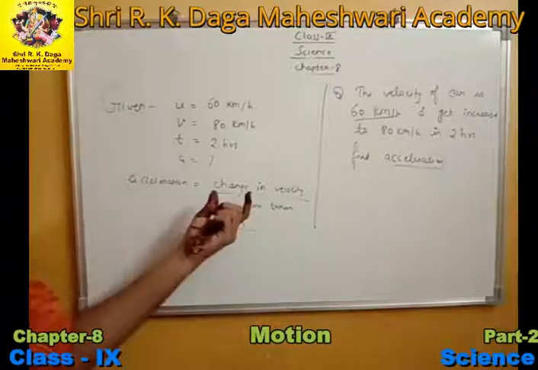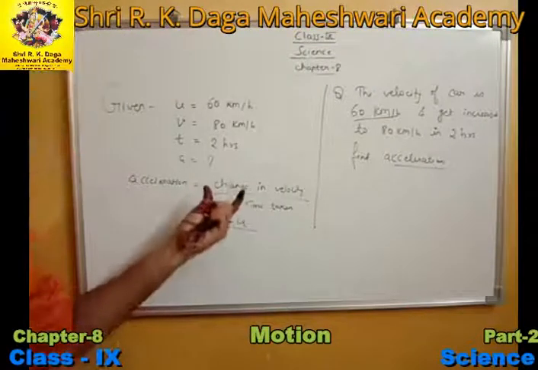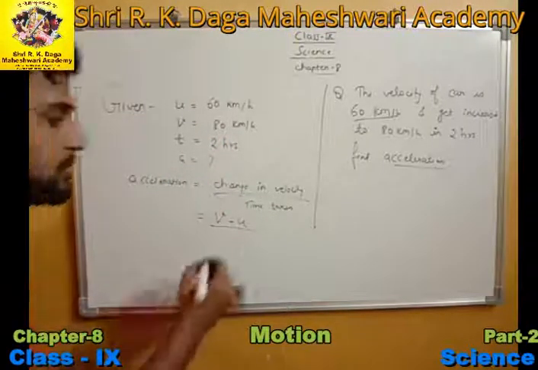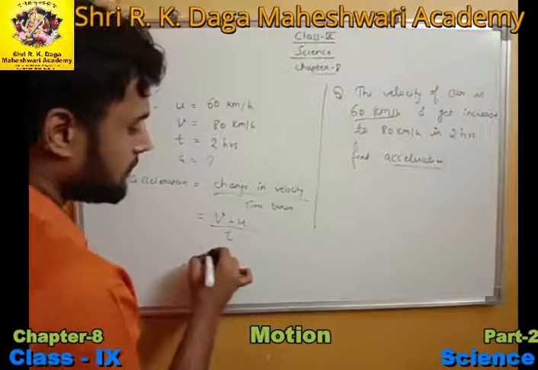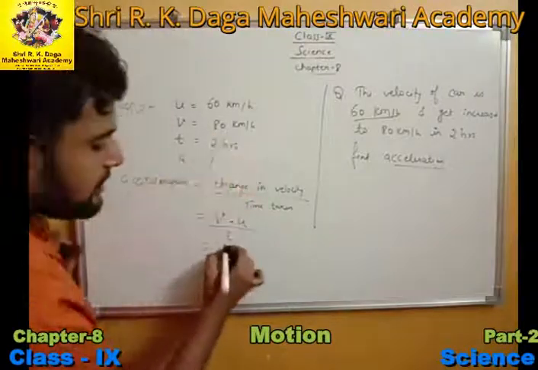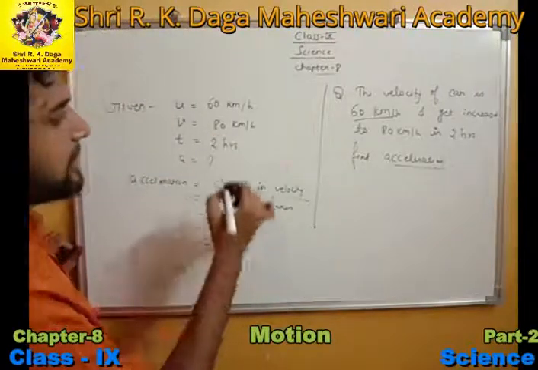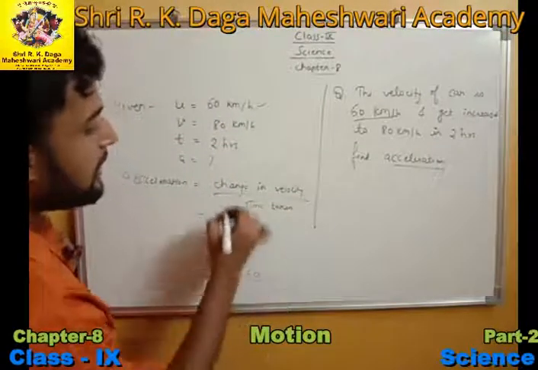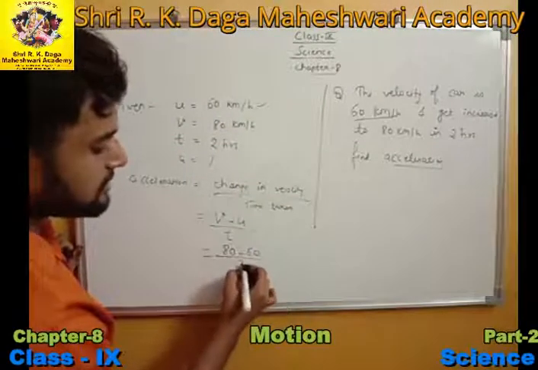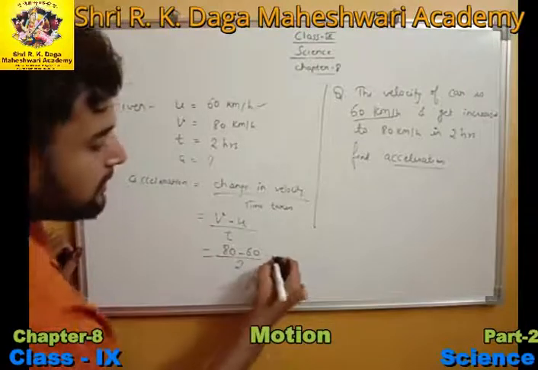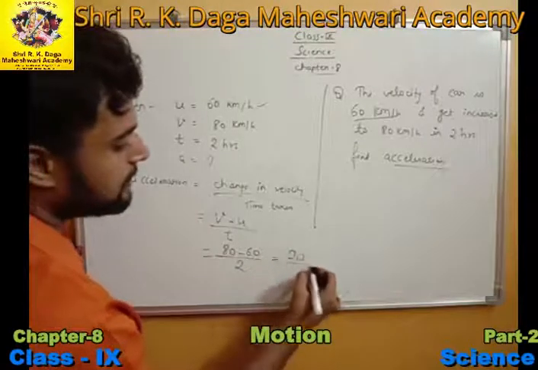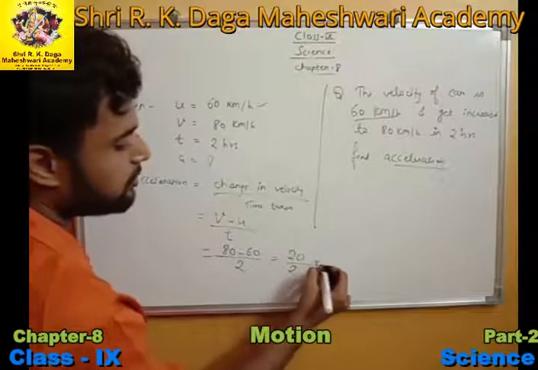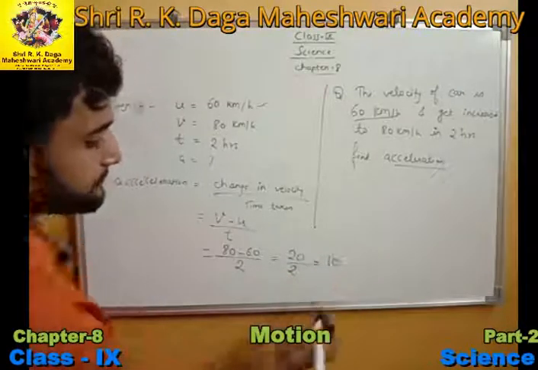The change will be final minus initial. So we can write v minus u upon time. What is the final velocity? It is 80 km per hour. What is the initial velocity? It is 60 km per hour. And the time taken to cause this change is 2 hours. Then what will it become? 80 minus 60 is 20, divided by 2, and is equal to 10.